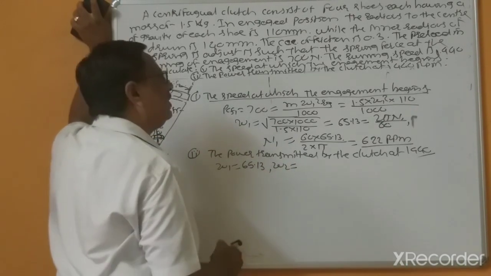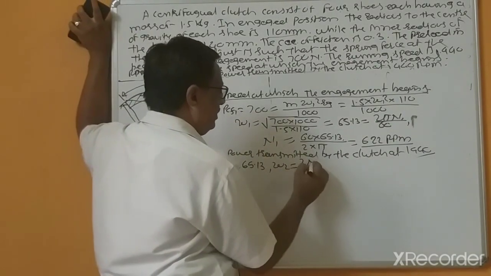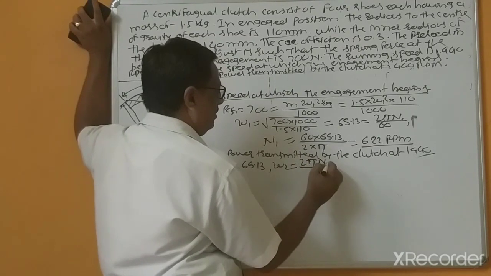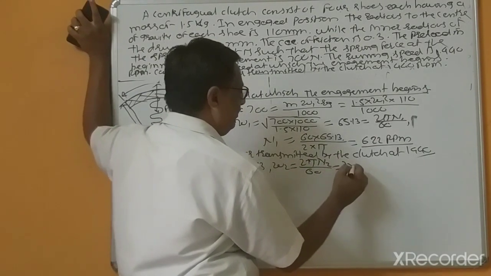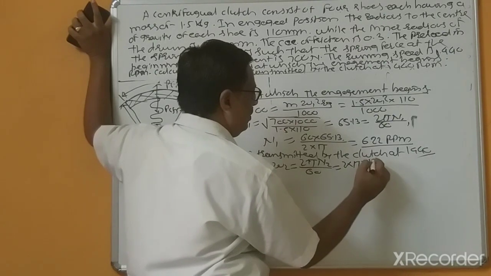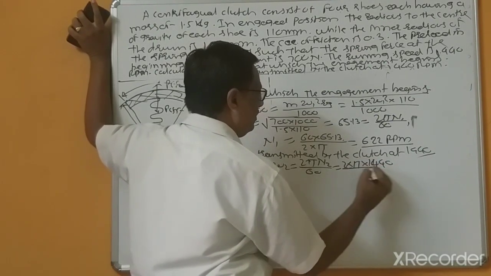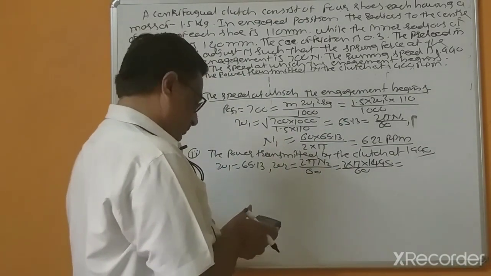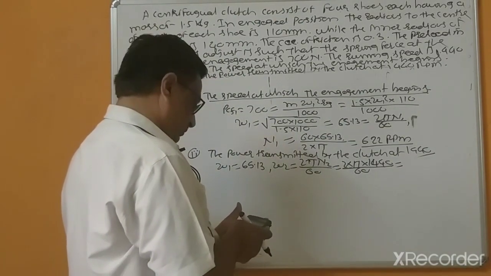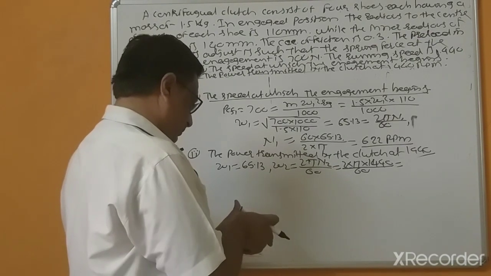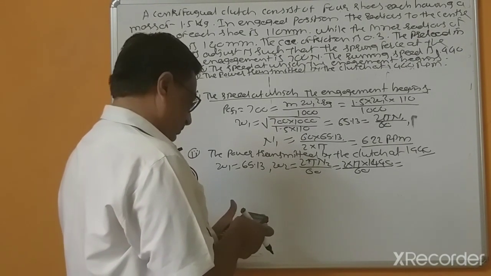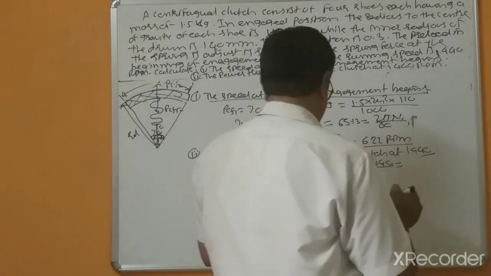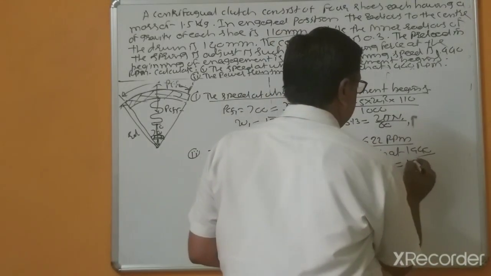Next we will calculate omega 2. This is 2 pi n2 divided by 60, with n2 equal to 1440. This is equal to 150.8.